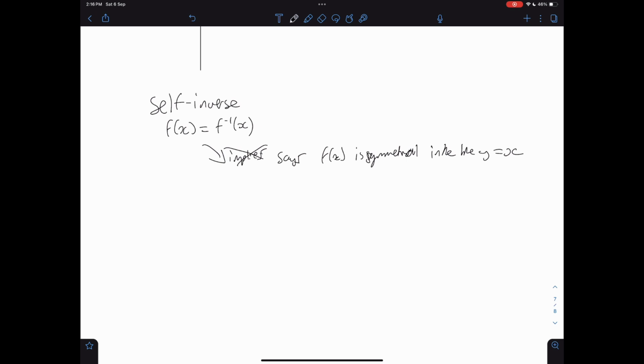On some final notes, note that f inverse of f of x is actually equal to f of f inverse of x, which is just equal to x.